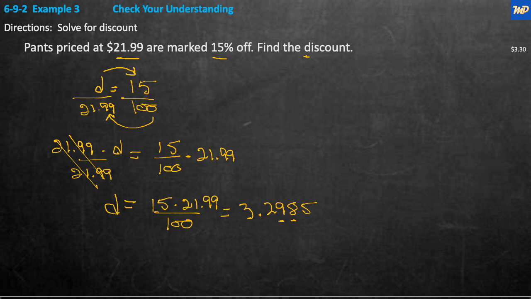When we raise the 9 up, it becomes a 0, and the 2 becomes a 3 because we carry the 1 over. So the discount ends up being $3.30. D equals $3.30.